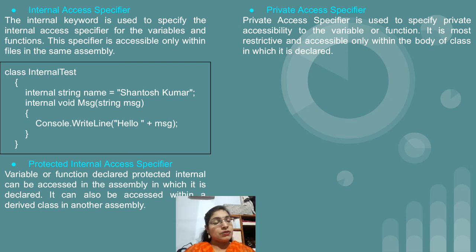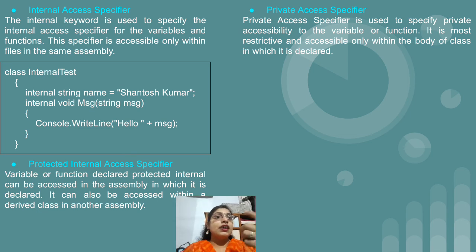And similarly we have the protected internal access specifier. The working is simple, the same, but the variables and methods declared with the protected internal access specifier can be accessible in a derived class which is present in another assembly. With internal we want the classes to be part of the same assembly, but with protected internal, the variables can be accessed by the derived class because there is a protected keyword.